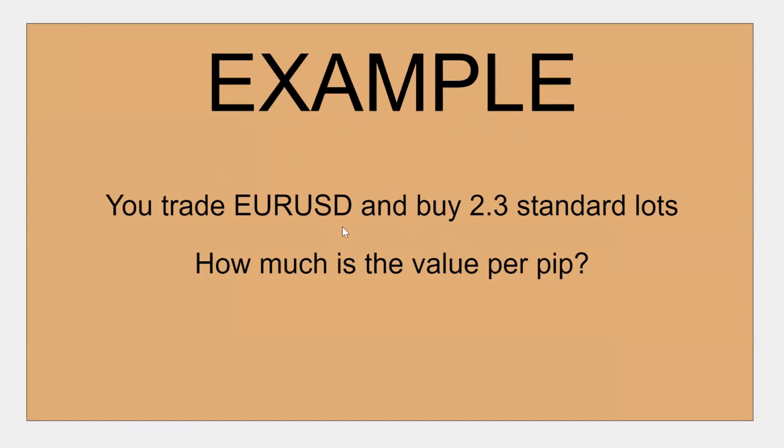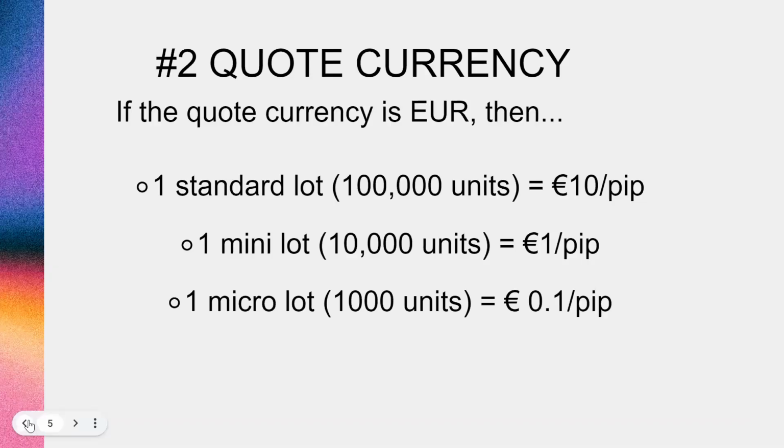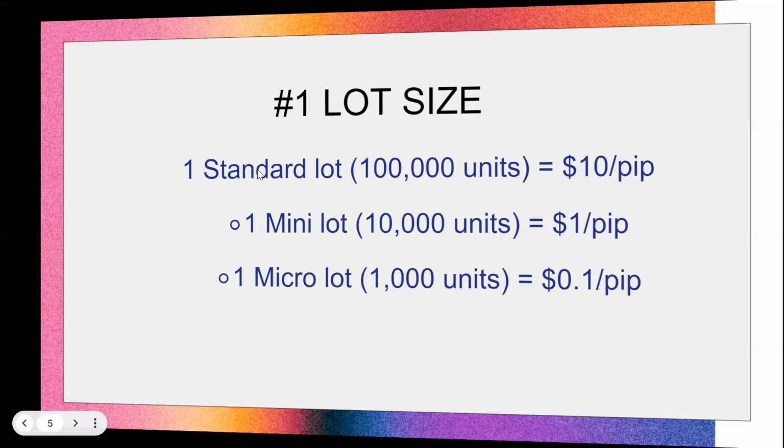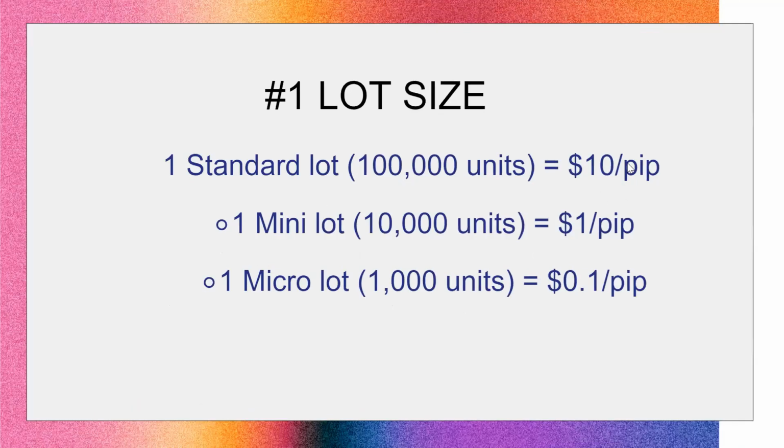We've already established that 2.3 standard lots simply means 2 standard lots and 3 micro lots. And we've established that if you're trading with 1 standard lot size, let's go back to that intro explanation again, each singular pip is giving you $10.